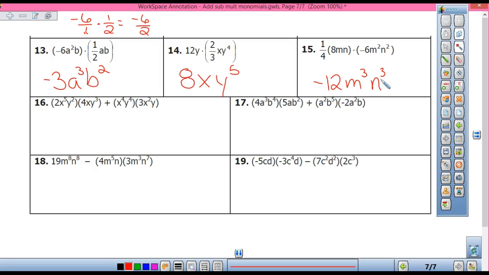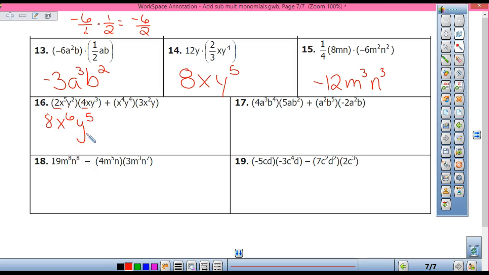Alright, so now these are split into kind of two different parts. Okay, because remember that plus sign, we can only combine like terms. So Ethan, you're going to do the left side. So right here I've got y to the what? Fifth.